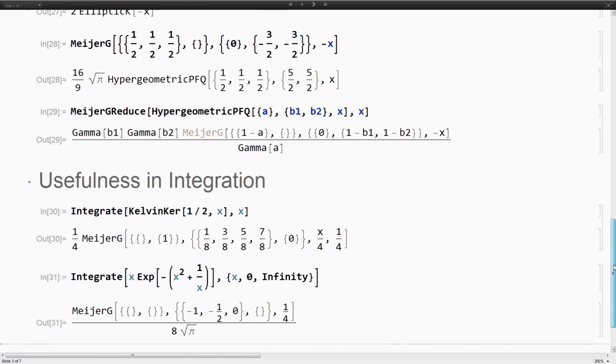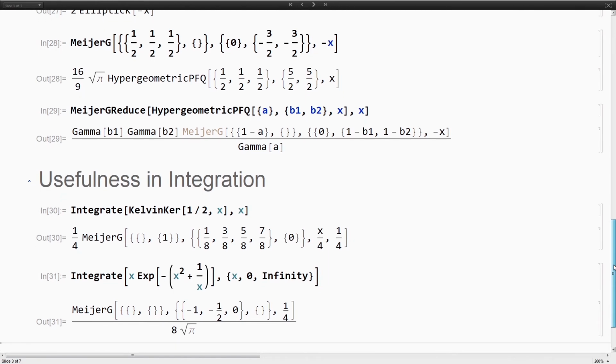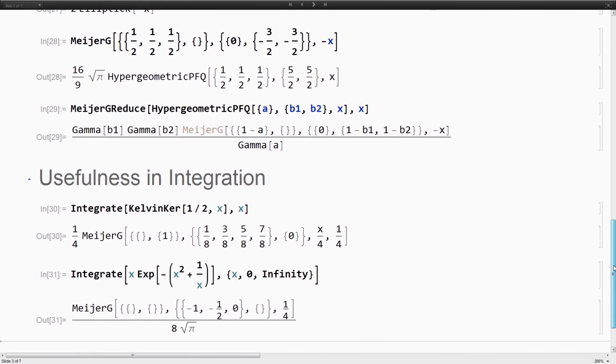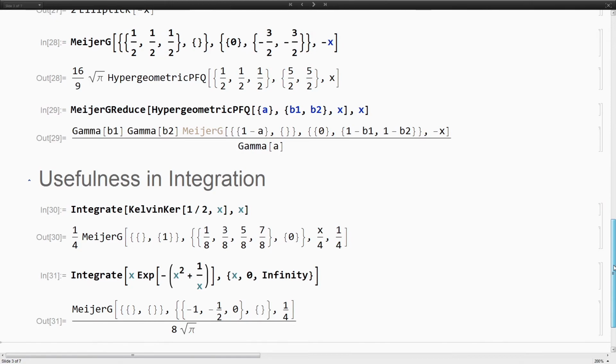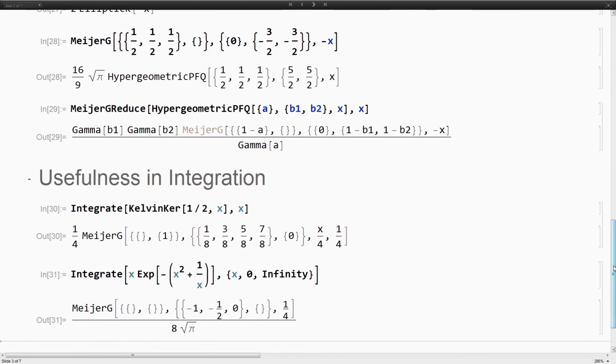And this Meijer G appeared inactive. But if we activate, we return back after function expand. In these examples, you see several examples only.